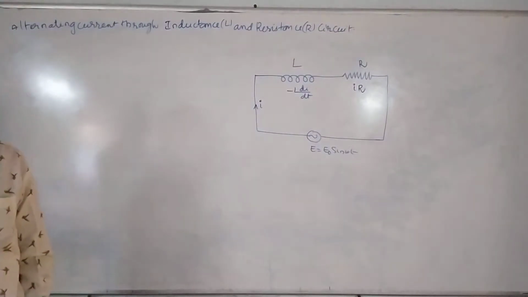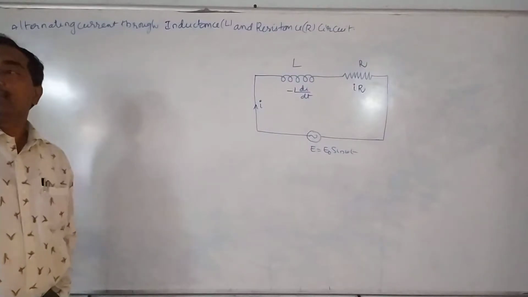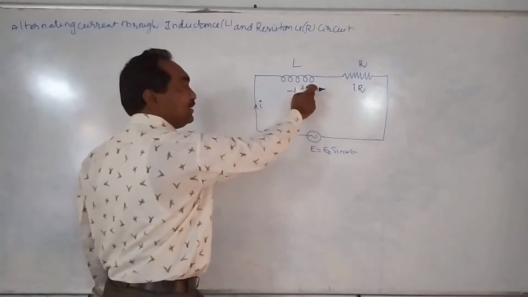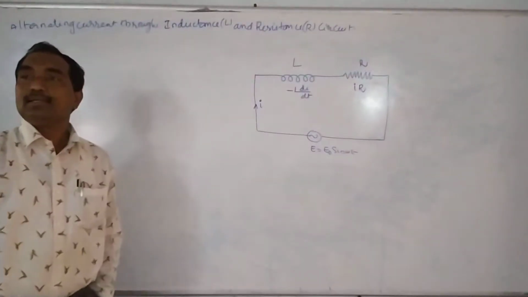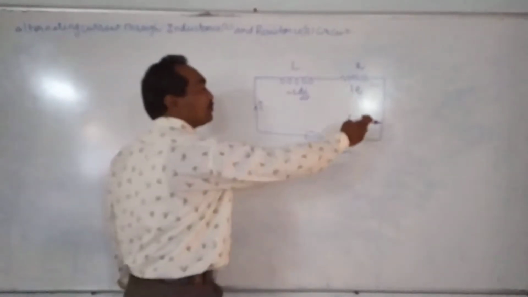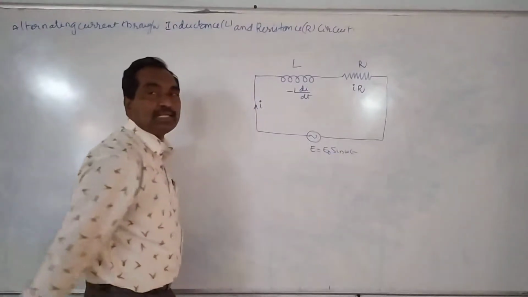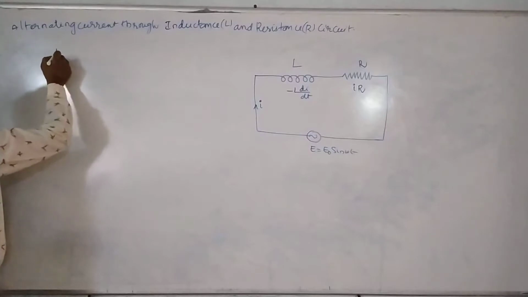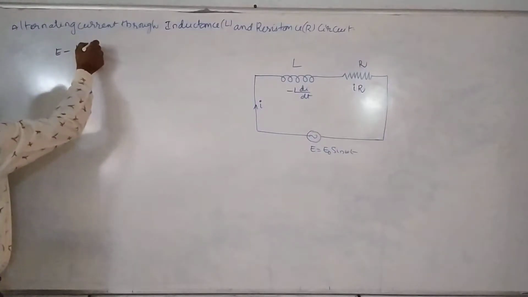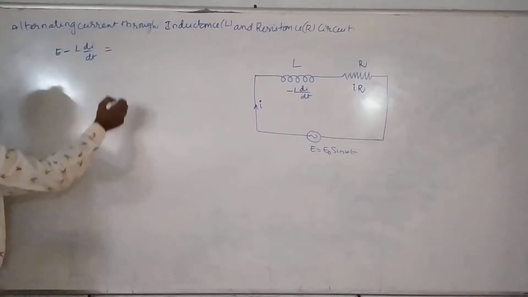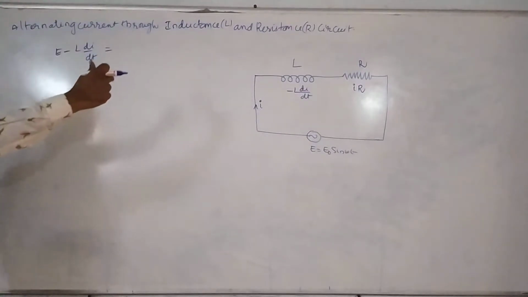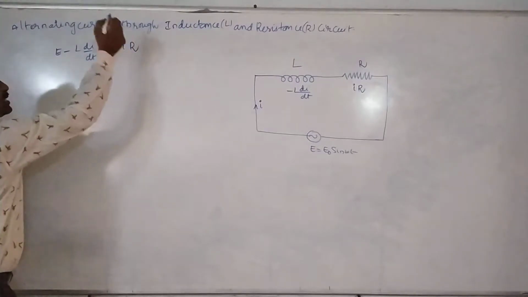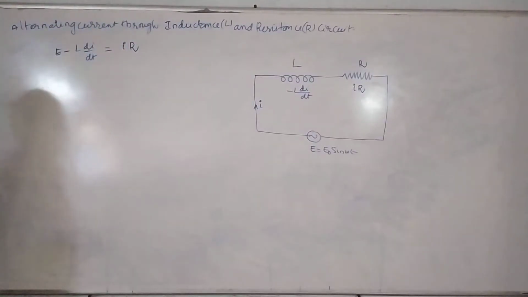Now, when we apply Kirchhoff's second law, the sum of the algebraic EMF, that is E minus L into di by dt, is equal to the potential difference across the resistance, that is IR. That is, the resultant electromotive force in the closed circuit, E minus L into di by dt, equals IR.